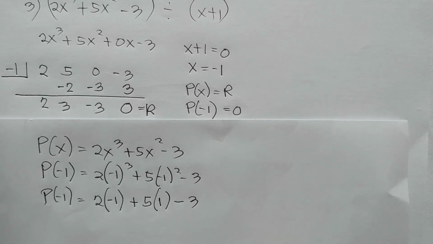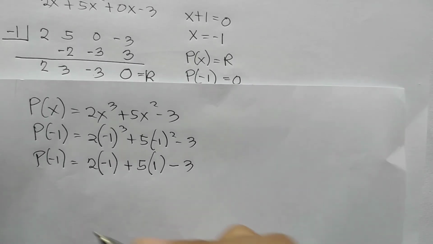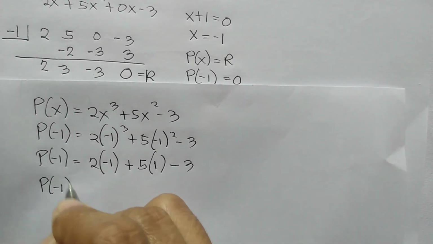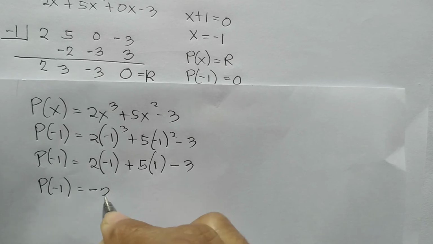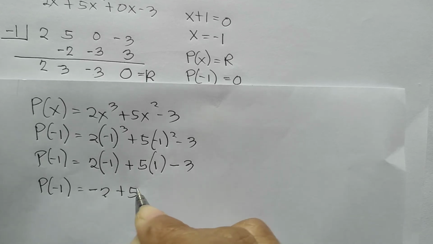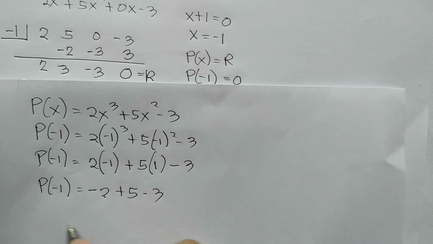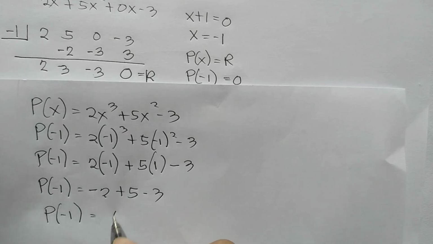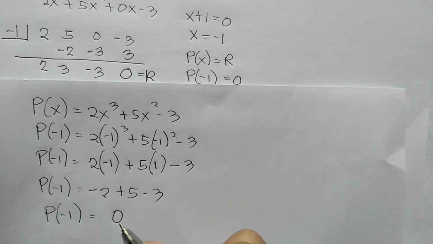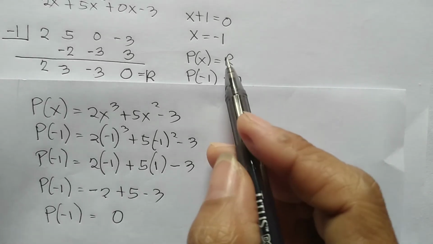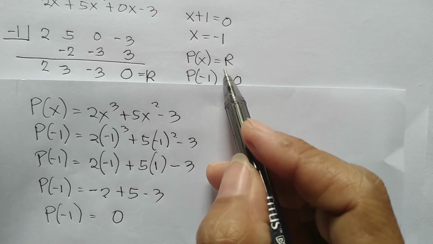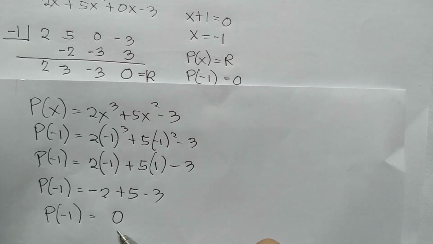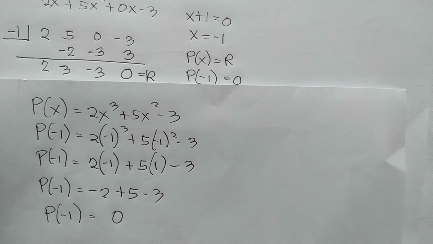So we have P of negative 1 is equal to negative 2 plus 5 minus 3, which is equal to 0. So, it is true that P of x in our given polynomial is equal to our remainder, which is equal to 0.